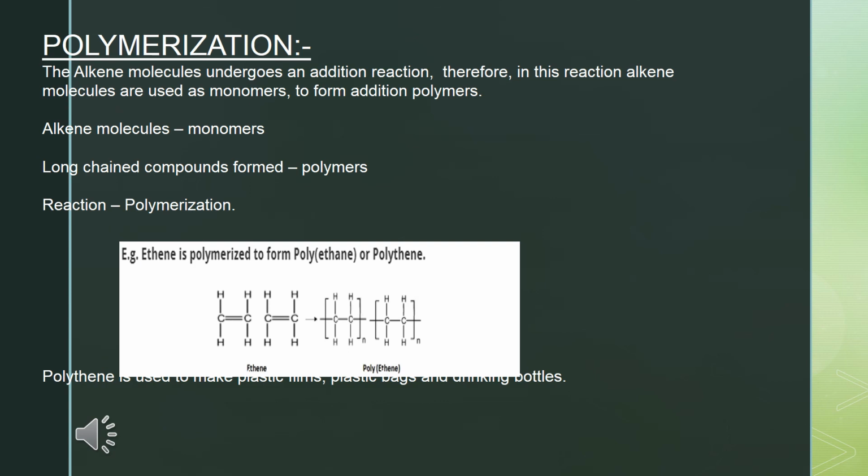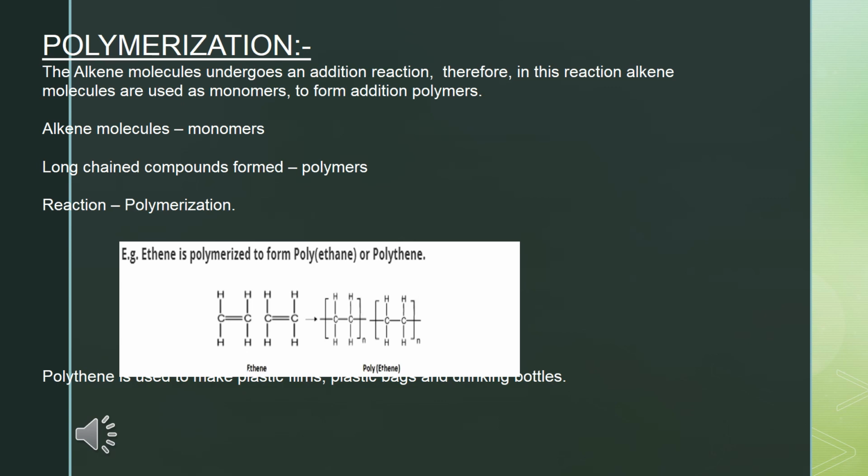So monomers are the small molecules, whereas polymers are the bigger molecules. Polymerization is the process in which polymers are made, and it takes place when monomers are added to each other. You have to remember that when alkene monomers add up with each other, they form the polymer.